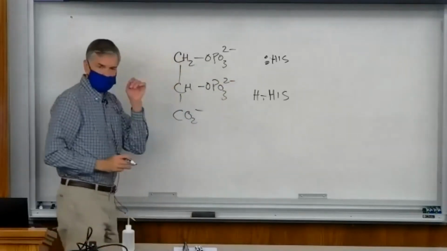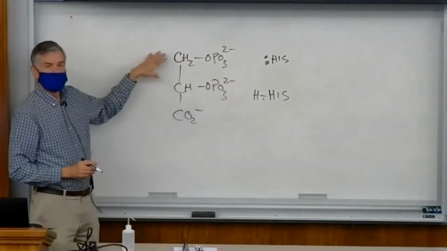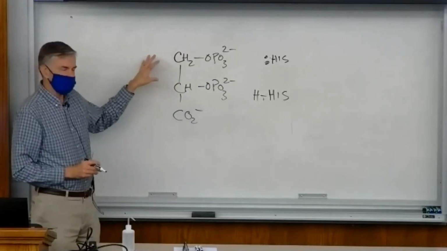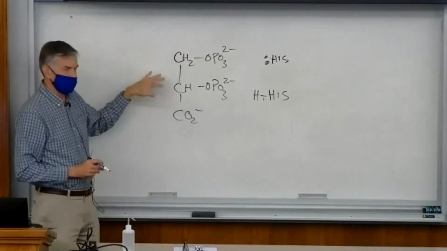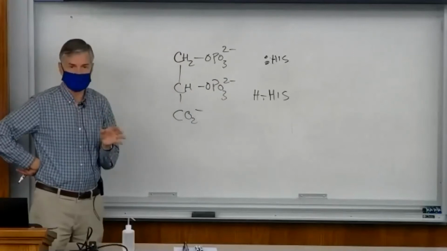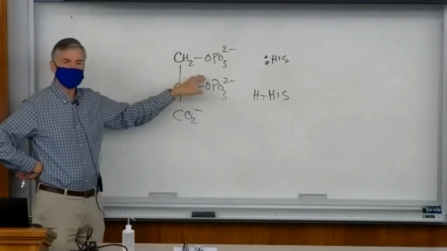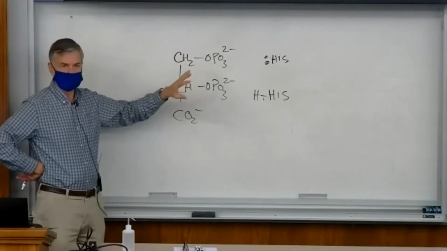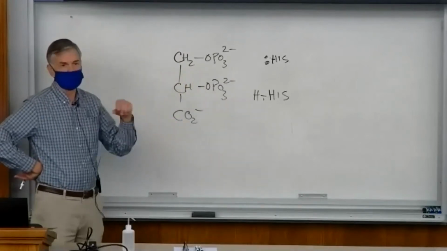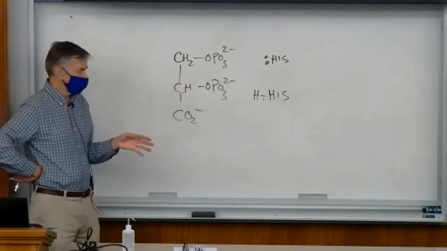So this is our intermediate. This is glyceraldehyde. This is 2,3-bisphosphoglycerate, BPG. So this is not the source of BPG that we talked about in the red blood cell that modulated oxygen binding.